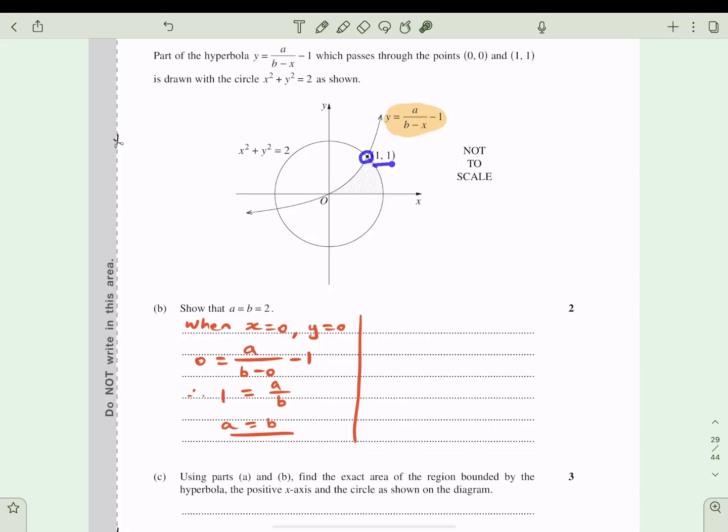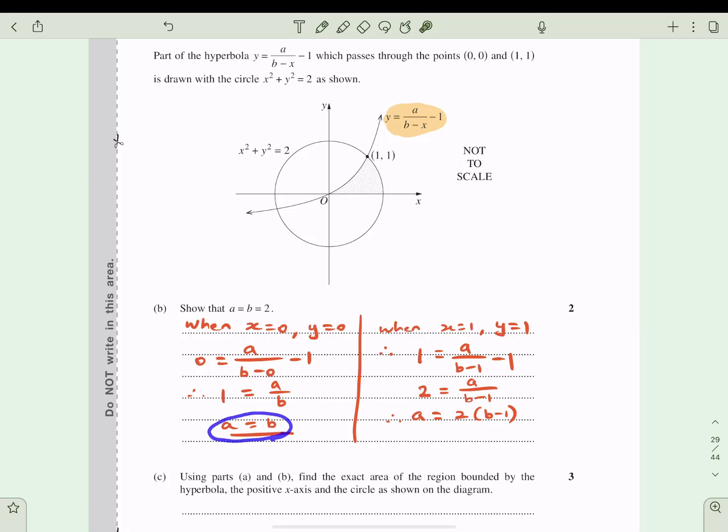Next, we also know that when x equals 1, y is also equal to 1. Therefore, 1 is equal to a over b minus 1, minus 1. Moving 1 to the other side, 2 is equal to a over b minus 1. Therefore, a is equal to 2 times b minus 1.